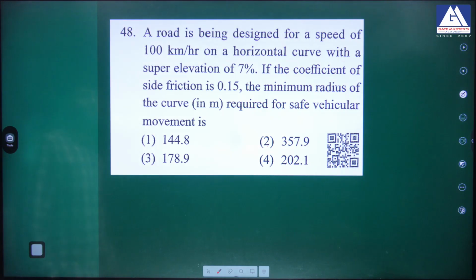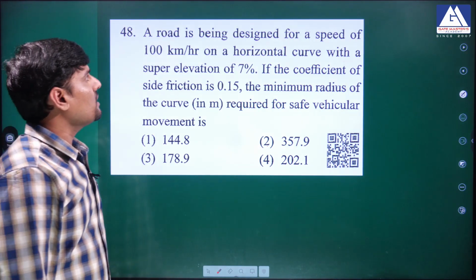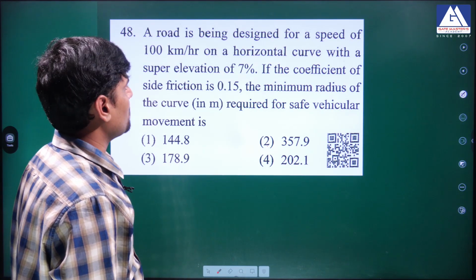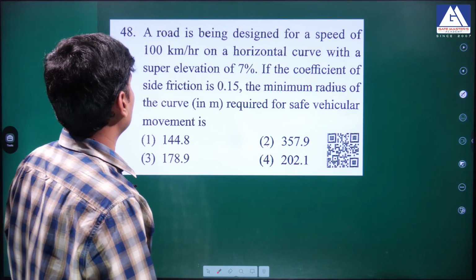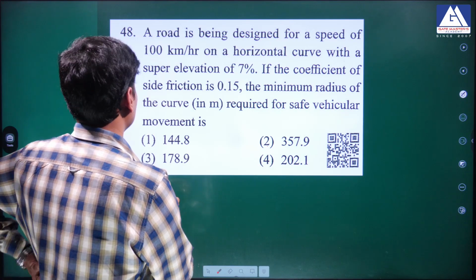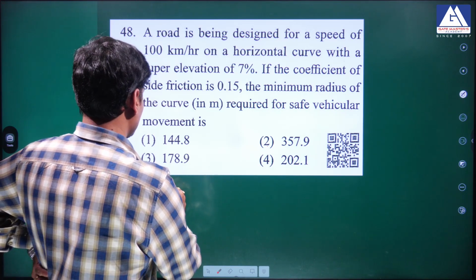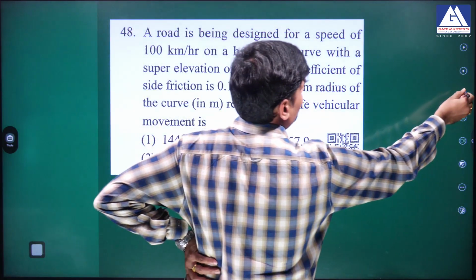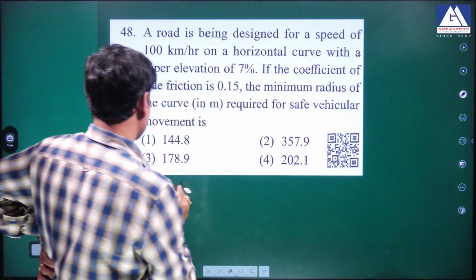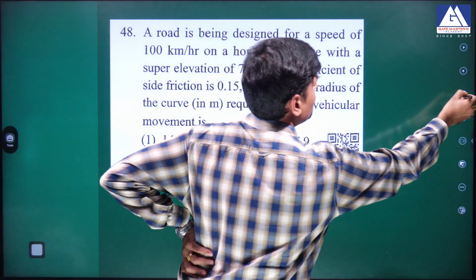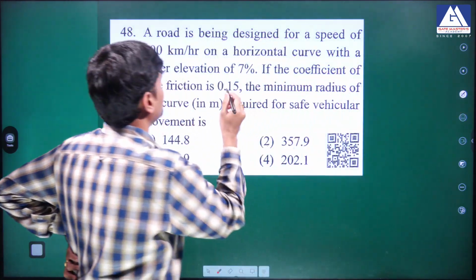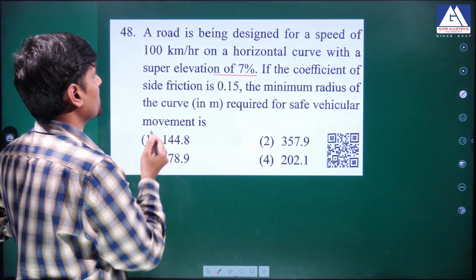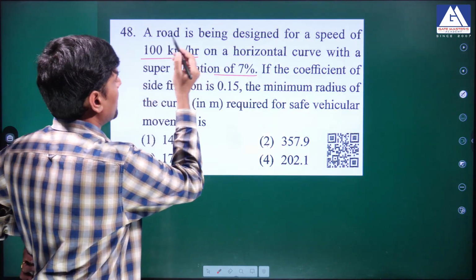Question number 48. A road is being designed for a speed of 100 kmph on a horizontal curve with a super elevation of 7%. The speed is given as 100 kmph, and the super elevation is also given as 7%. Always remember that when the values are given in percentages, for super elevation you have to substitute in fractions.